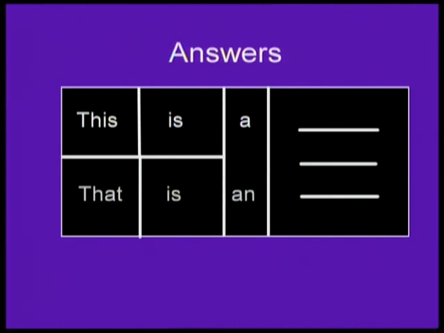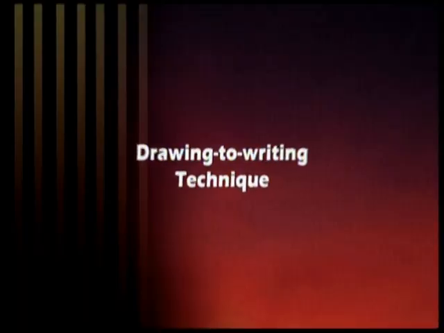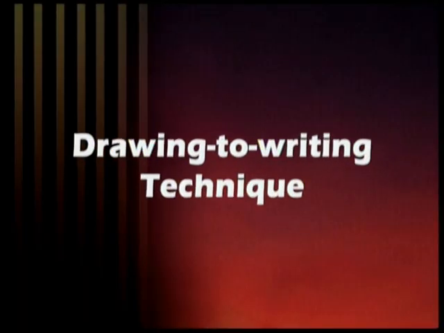Yes, sir. Okay. Another important technique is to use the children's drawings to develop their writing skills. We can call it the drawing to writing technique. Drawing to writing? How is it different from the teacher's drawing on the blackboard? Yes, a nice question.